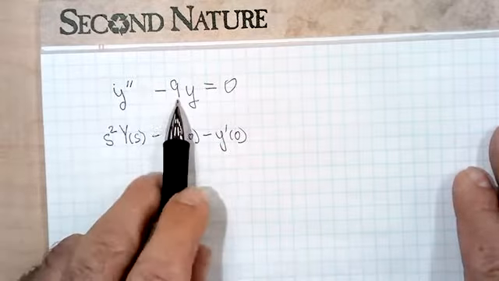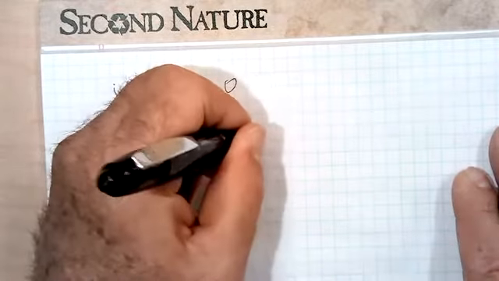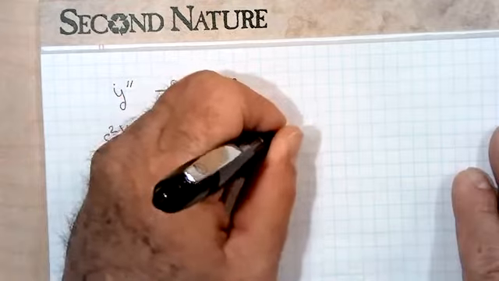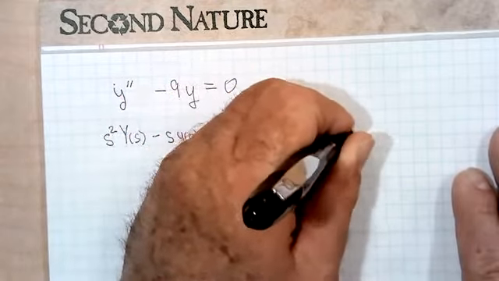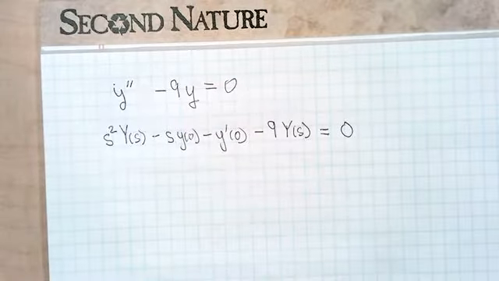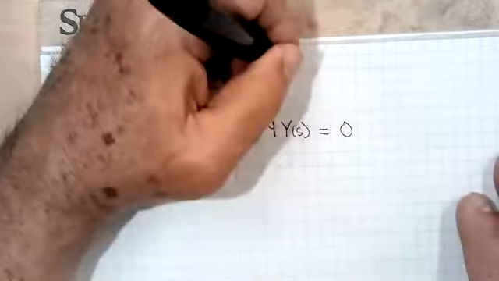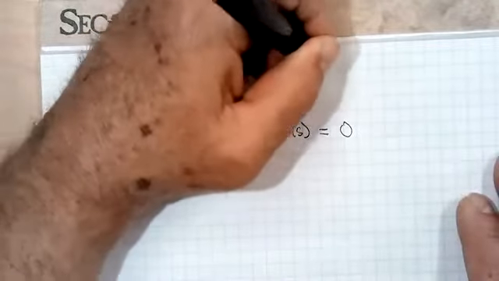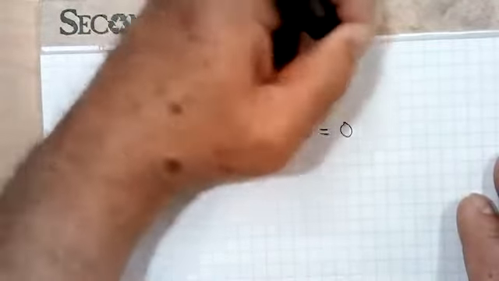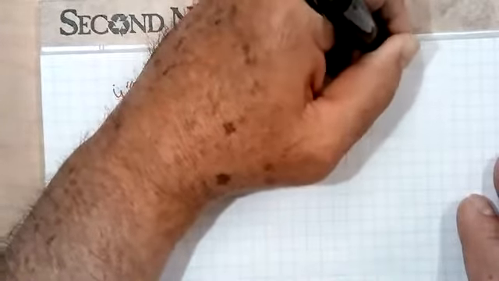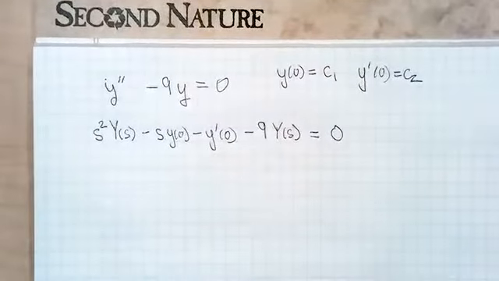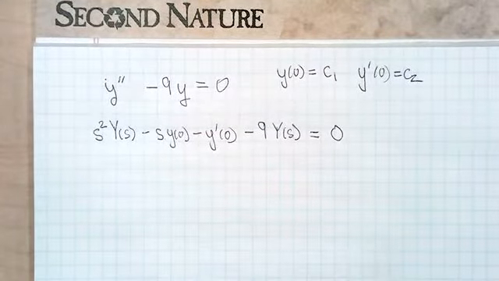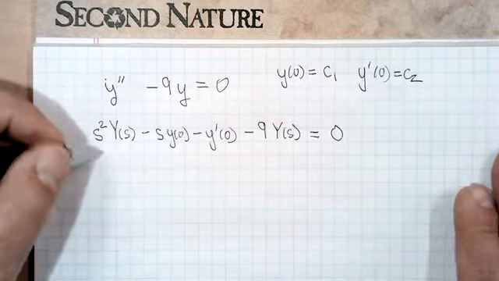And the transform of minus 9y is just minus 9 cap Y at s. And the transform of 0 is 0. So what you do in a case like this is you say, I'll say y at 0 is C1 and y prime at 0 is C2. I don't know what those numbers are, but they're constants. So that's certainly legal.